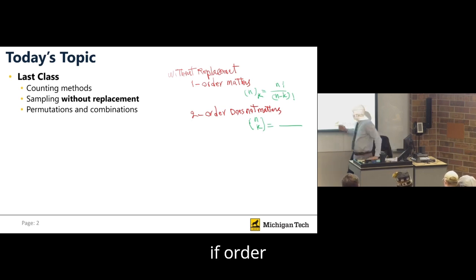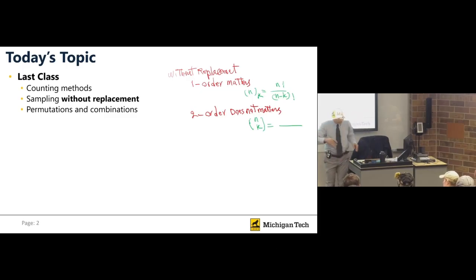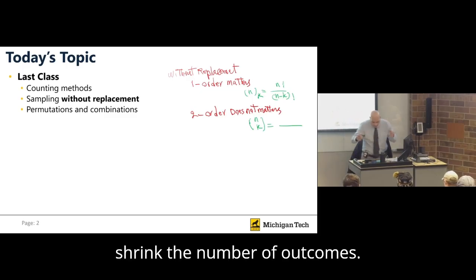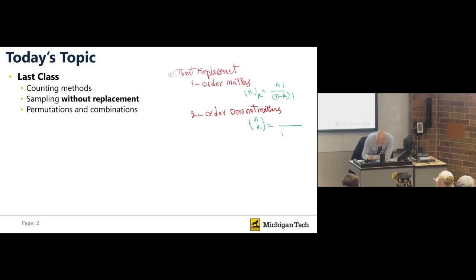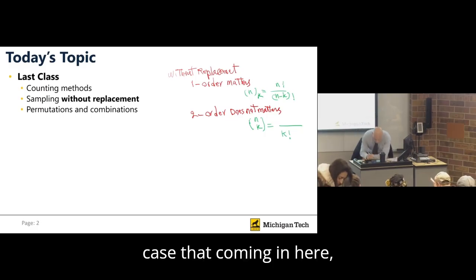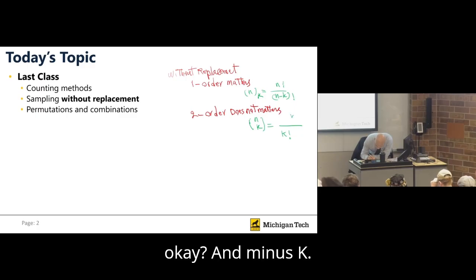Because if order doesn't matter, we need to shrink the number of outcomes. So we shrink them with the same case coming in here, n minus k.